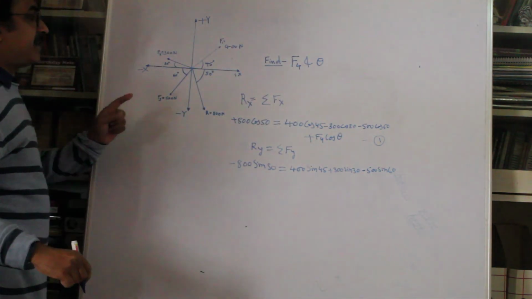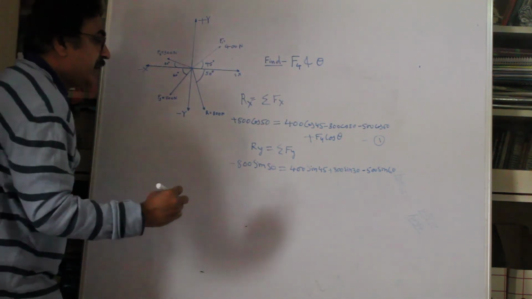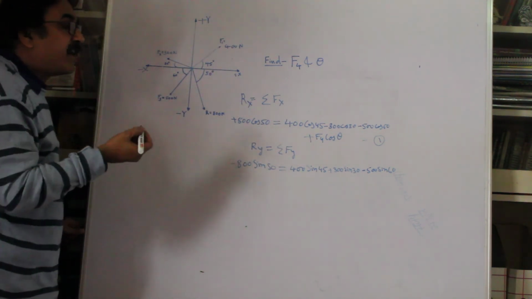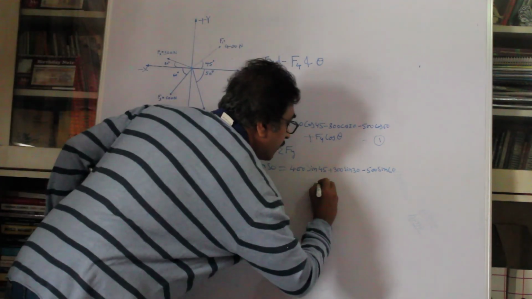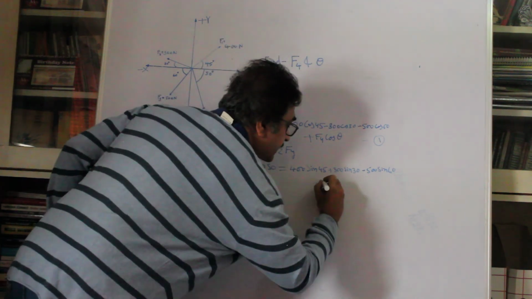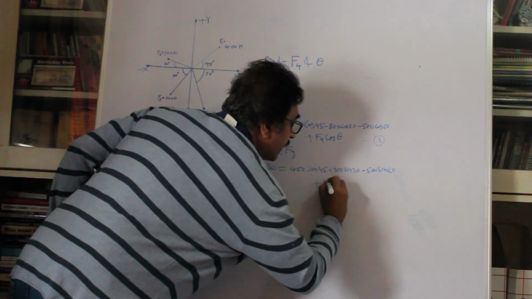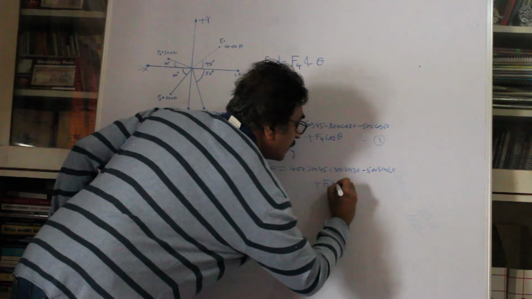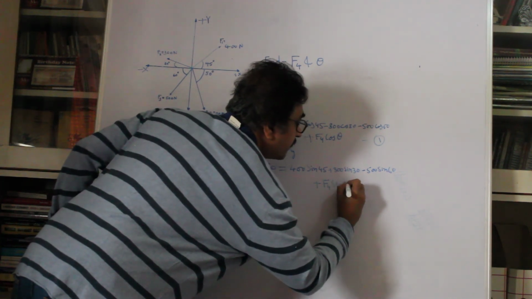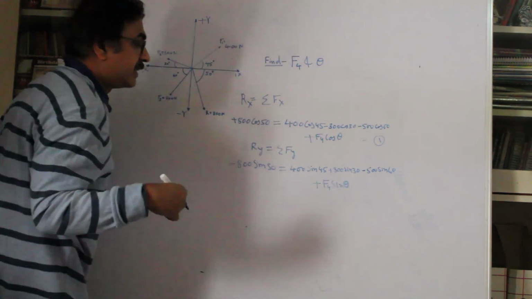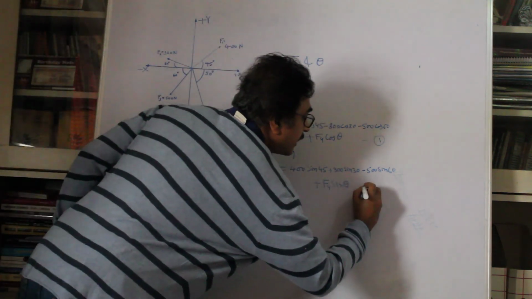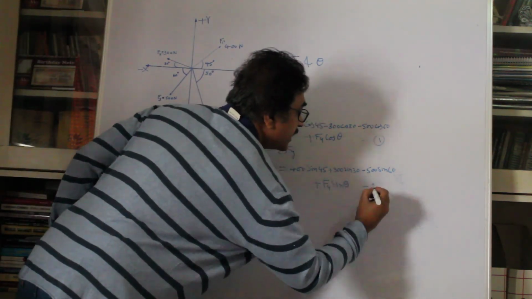And then of course we have F4 which is unknown, so we write F4 sine theta with positive sign, because it's like introducing x. F4 sine theta. Okay, so this is our second equation.